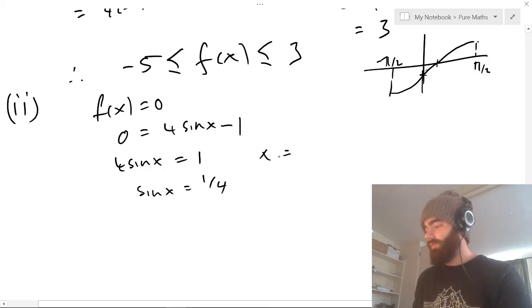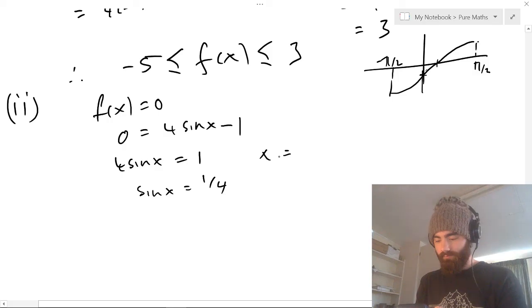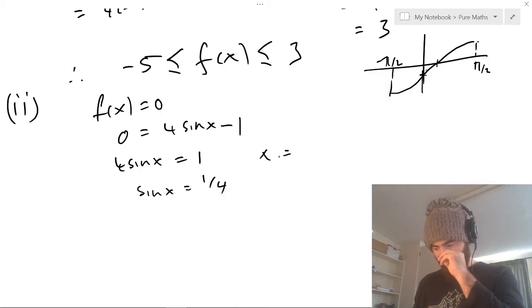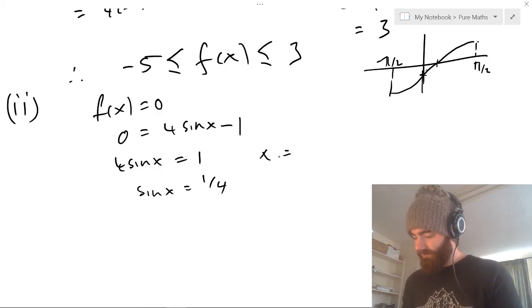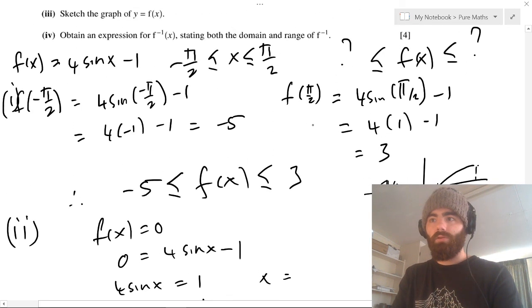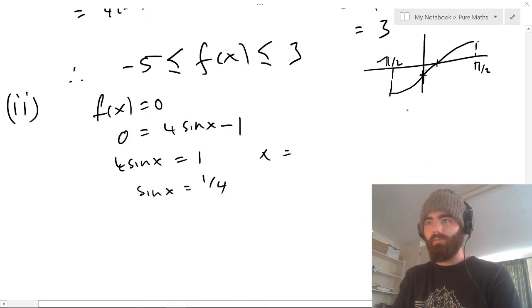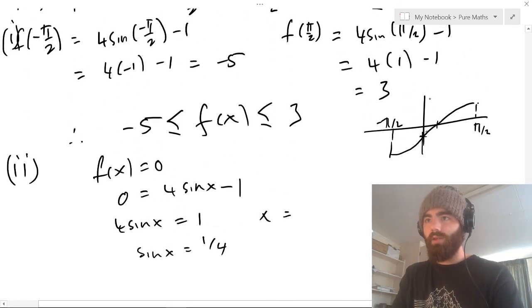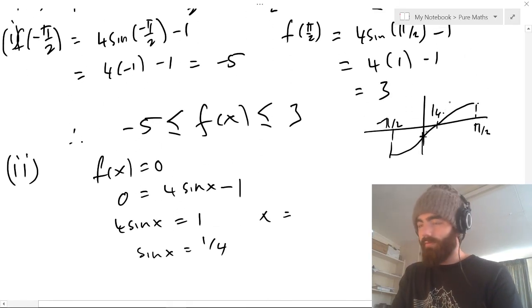So where y equals 0, x equals, so that means this point here is 14.5 degrees.